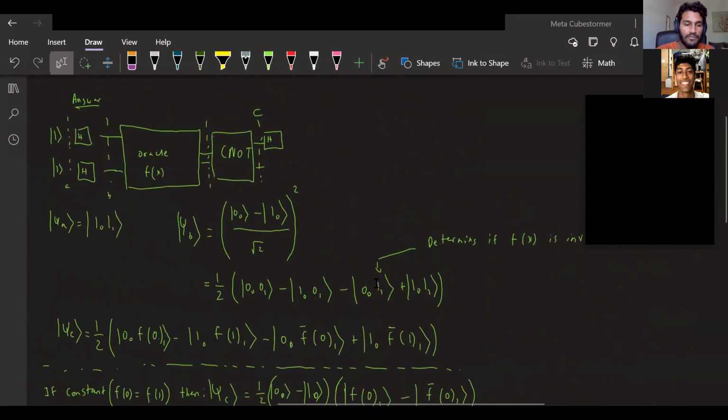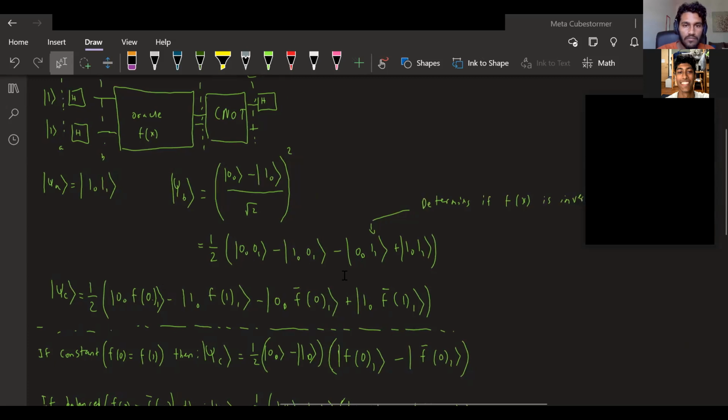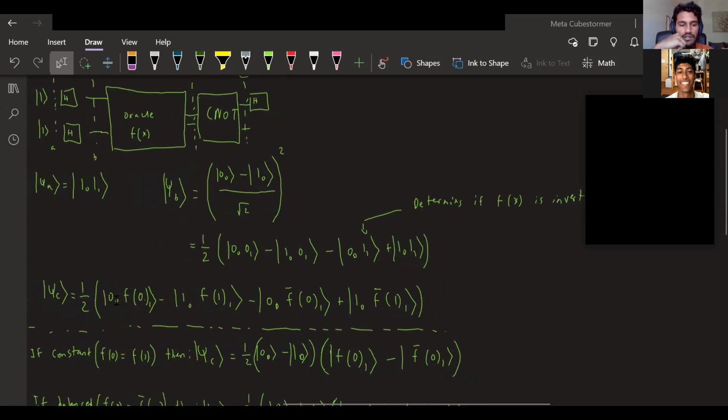And from here to go to step 3, this is where you apply the oracle, which is denoted by the F function. Basically this first qubit, or the index 1 qubit, is what determines if f of x is inverted or not, since it is a controlled NOT operation. I see, yeah. So for the first one, it's 0.